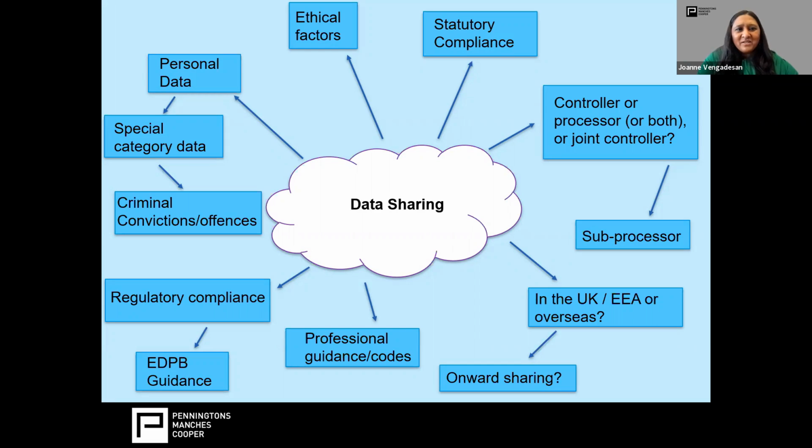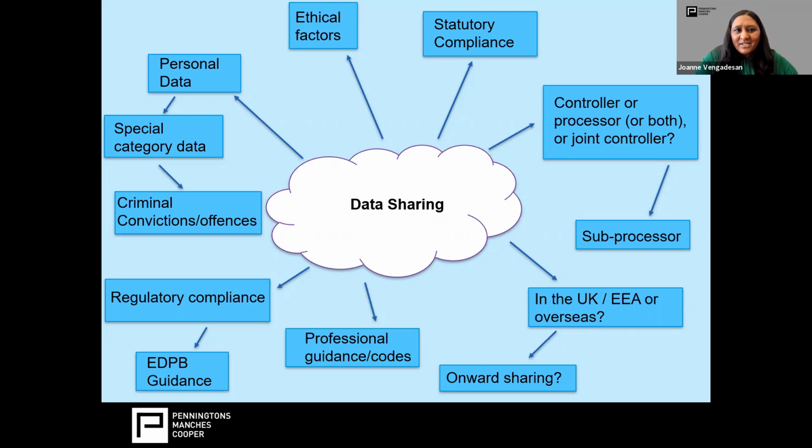So if we're sharing personal data, firstly, we've got to think, is the data personal data, or is it not personal data? Is it purely anonymized, or is it personally identifying in some manner by one of the parties involved in the chain?